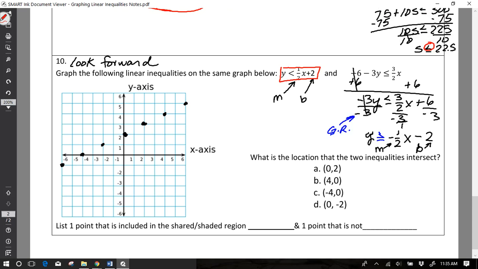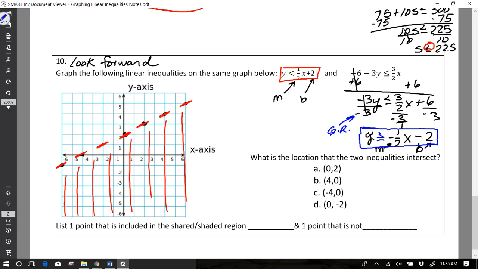This line is going to be dotted, and I will shade down because it's facing the left. And so I'm just going to do some quick lines here. All right. I'm going to refer to this line as the blue line.